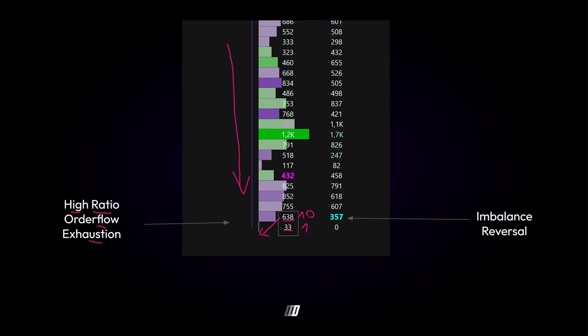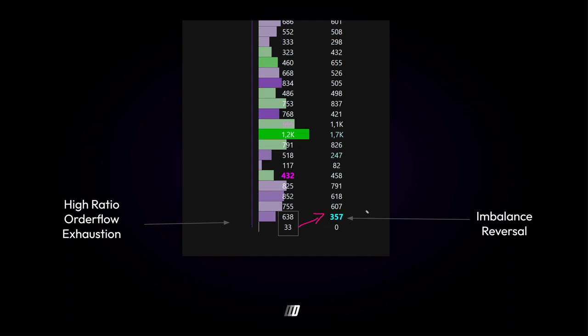And paired with this, you want to see an imbalance reversal. So on the very last auction, with the 0 here, the first number here having an imbalance of at least 400% or 300%. You know, these are just numbers, but you want to see a big imbalance.